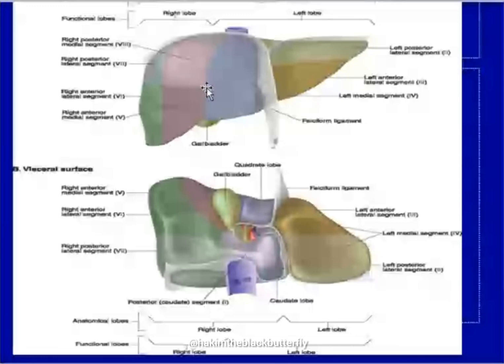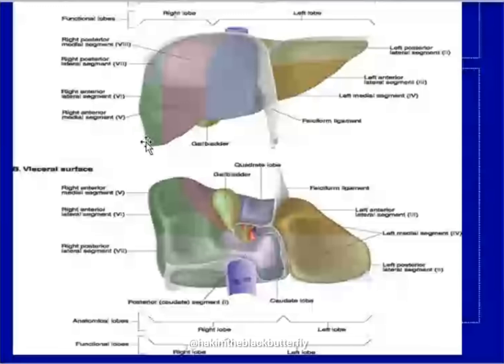And we say that functional lobes are demarcated on the basis of the blood supply. The parts of the liver which receive blood from the left portal vein and the left hepatic artery are known as the left functional lobe. And the parts of the liver which receive blood from the right portal vein and the right hepatic artery are the ones which we consider to be the right functional lobe.